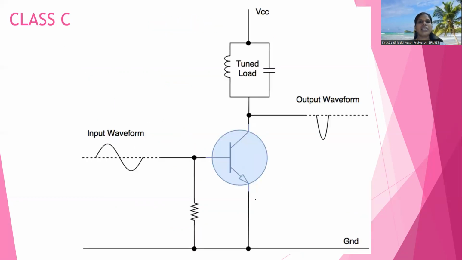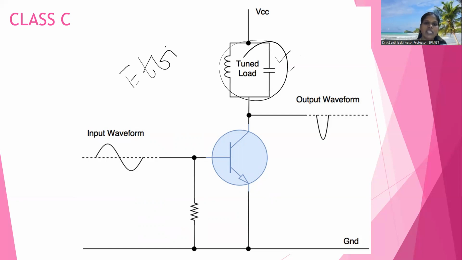Then in a class C amplifier, we are using a tuned load circuit. This tuned load circuit also reduces some kind of distortion, and selects some amount of frequency, and here the efficiency is very high. But it sacrifices the amplification process when compared to the other amplifiers.